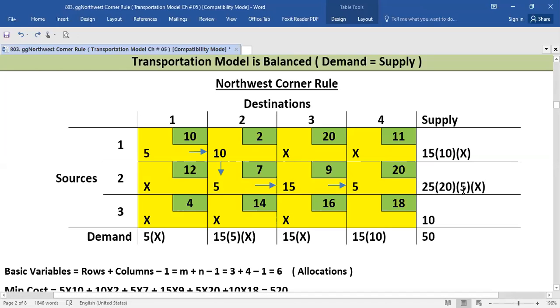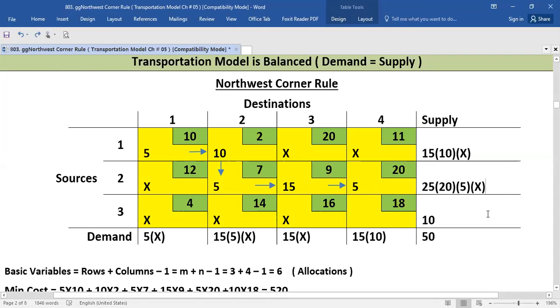5 is eliminated and you have put a cross sign in front of 5. It means your supply is complete and demand is remaining 10. If you subtract this 5 from 15, you are left with 10. And if you subtract this 5 from this 5, you are left with a cross sign.